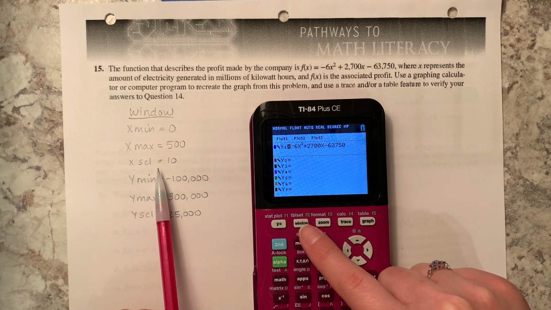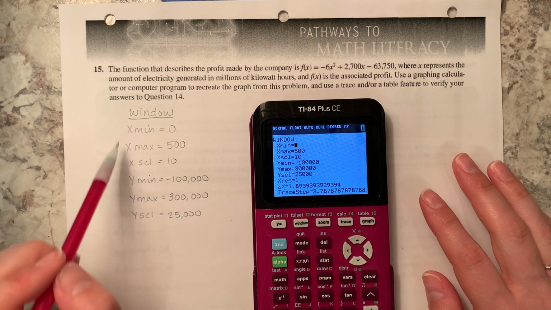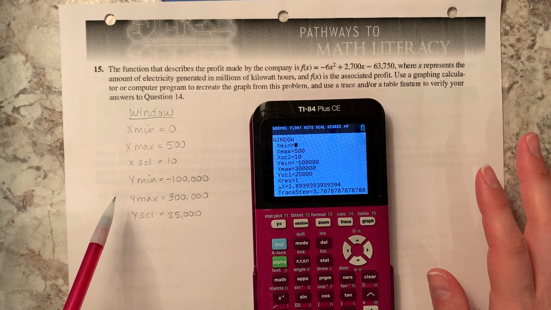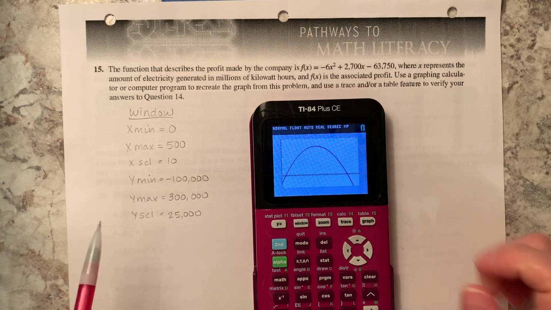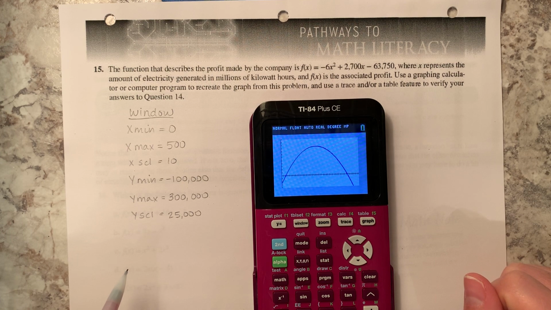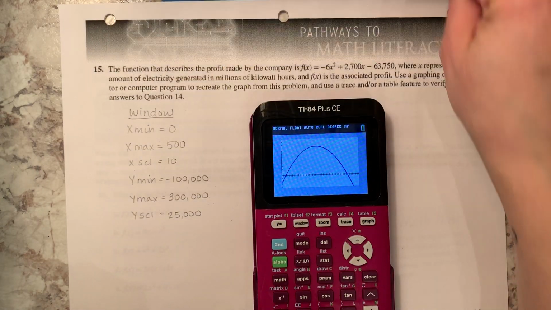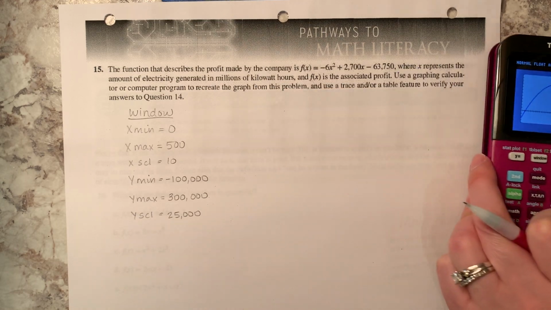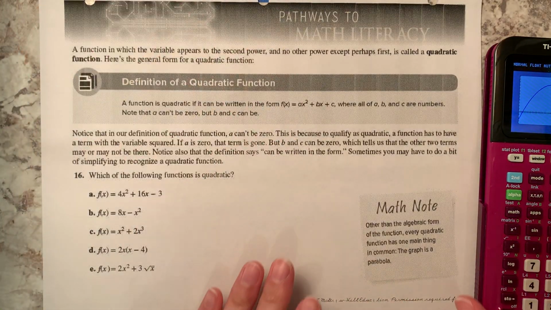Go to your window then and put in these numbers for your window. Go ahead and pause the video if you need to. And then we can go ahead and press graph and we can see the shape that it makes. And it looks very similar to the one that they had printed for us on the graph. Okay, so that's all they wanted us to do for 15 was just to graph it on the calculator.